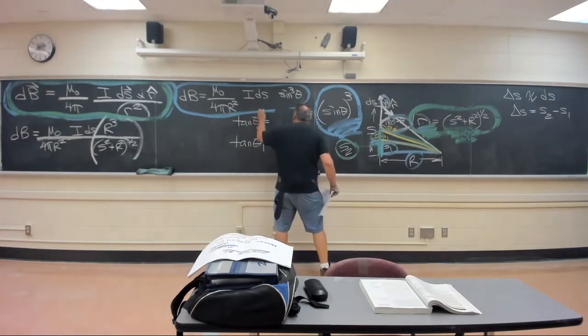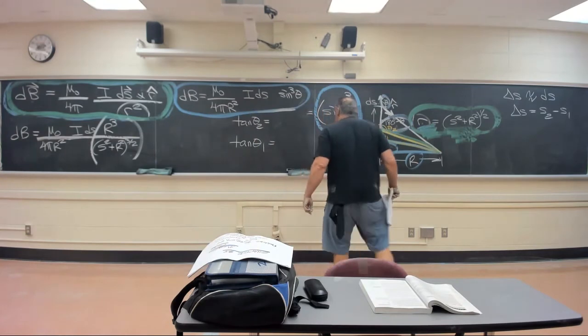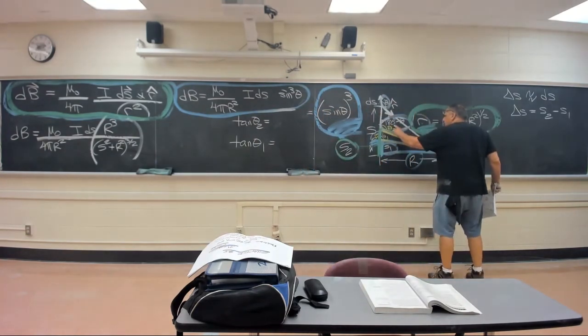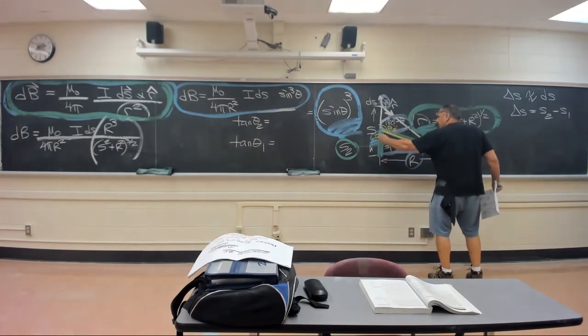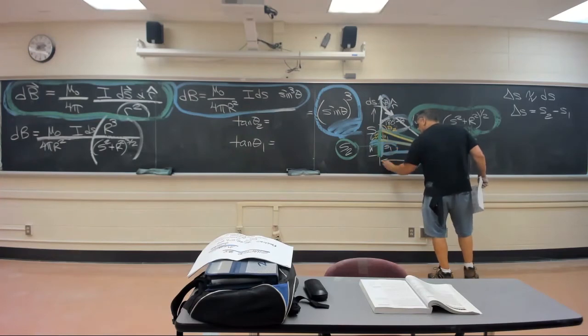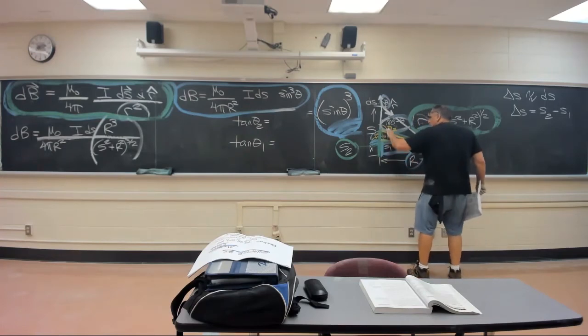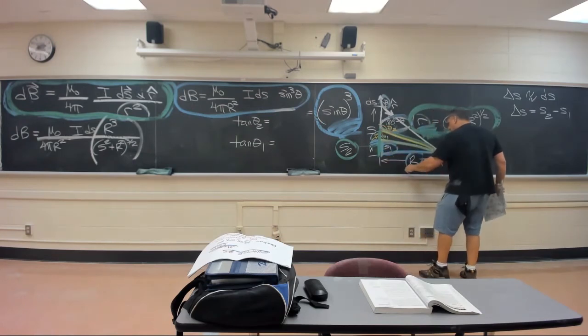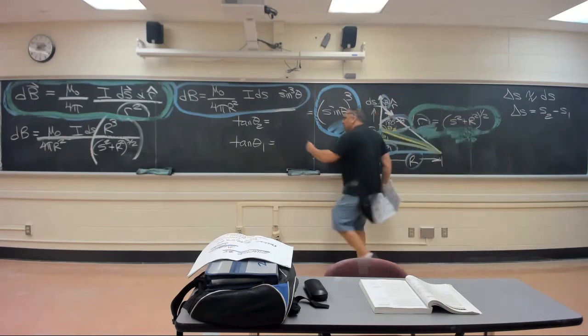I'm kind of jumping the gun here on this thing, guys. Tan theta 2 is this entire thing here divided into R. So it's capital R divided by S2.